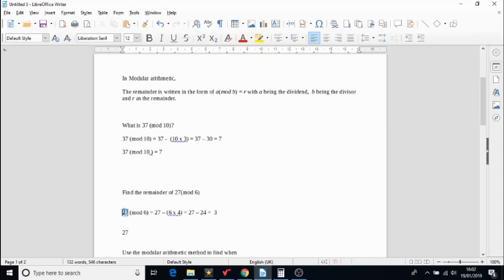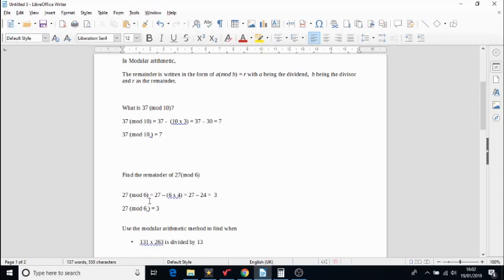For example, if you had 35 mod 6, the remainder would be 5, because 5 lots of 6 go into 35, which is 30. But I digress. Let's go back to this question. 27 mod 6 is equal to 3, with 3 being the remainder.